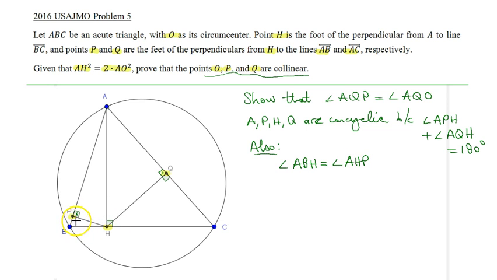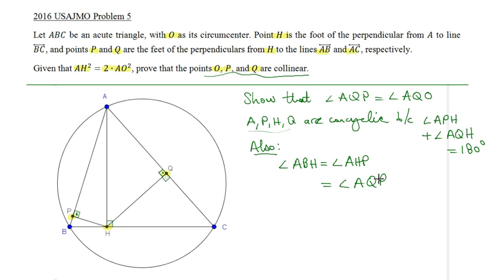For instance, because PHB is complementary to ABH, but PHB is also complementary to AHP, and that gives us this result. But further, because quadrilateral APHQ is cyclic, AHP is equivalent to angle AQP.